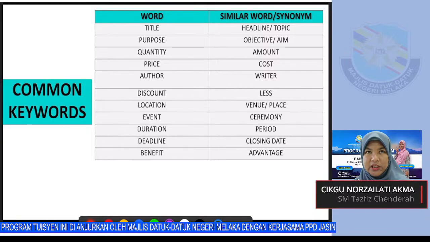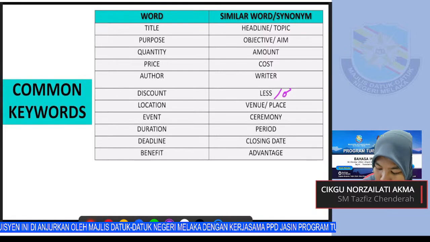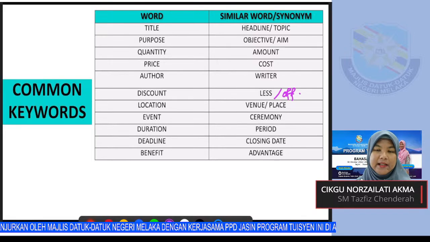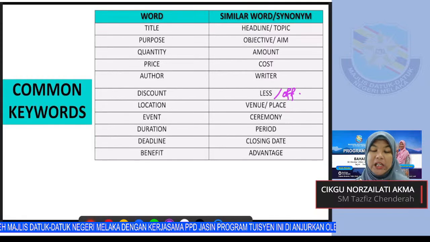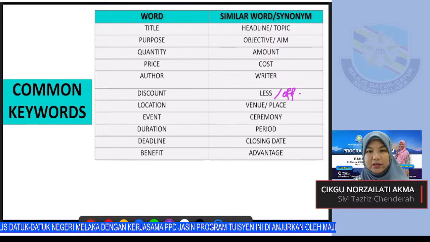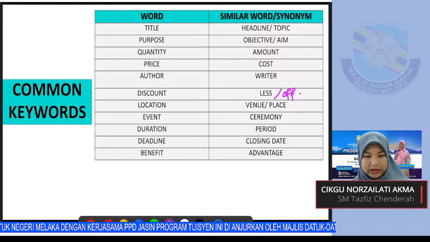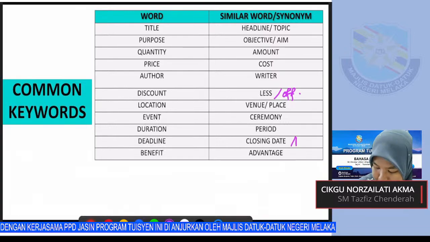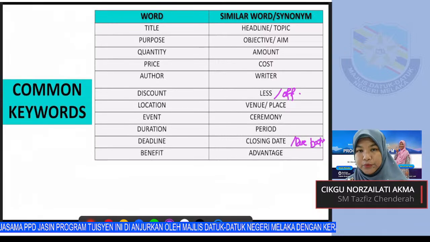So discount, usually we can think of the word less, or less price, or you can say off. 20% off, and less RM 25, that is all showing discount. Location, similar word is venue or place. Event, ceremony. Duration, period. Deadline will be closing date or due date. And benefit, it will be advantage.